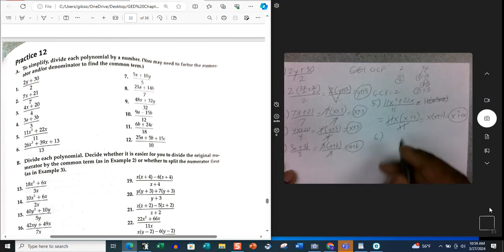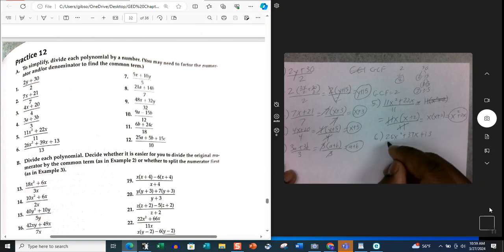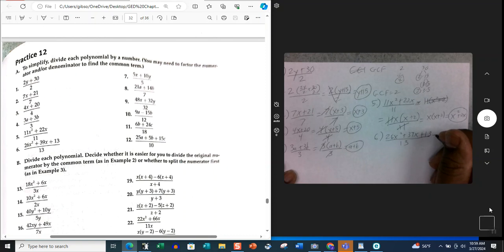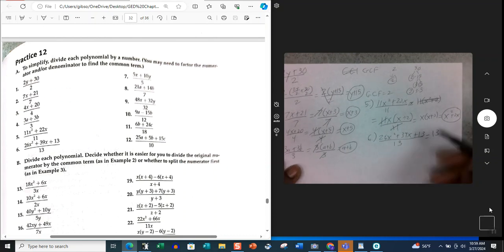Now number 6, you have 26x squared plus 39x plus 13 all over 13. Now 26, 39, and 13, they all have 13 in common. But if you notice here, all of these do not have the variable, so you cannot factor out a variable.